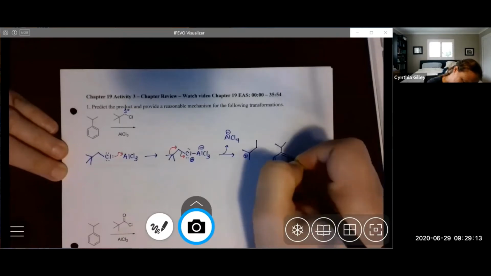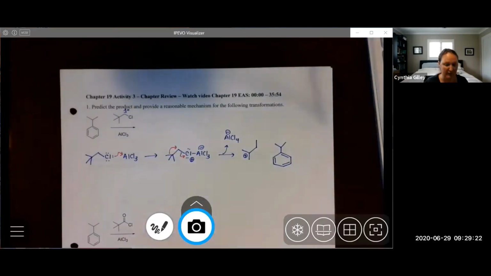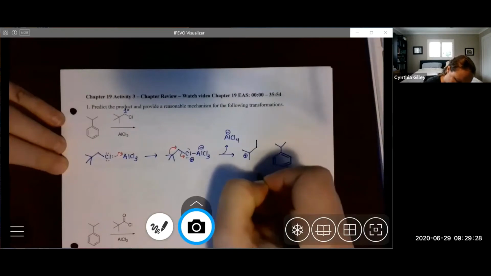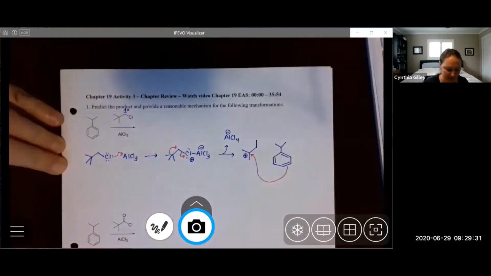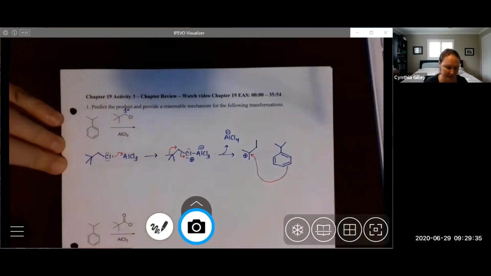And we have an isopropyl group already on the ring. So this is going to be an ortho-para director, and it will direct para first. It would only go ortho if the para position was blocked. In this case, it is not. So in order to show the para position attacking, we want to utilize whatever pi bond is associated with that position.